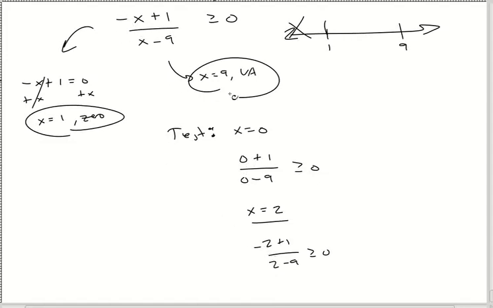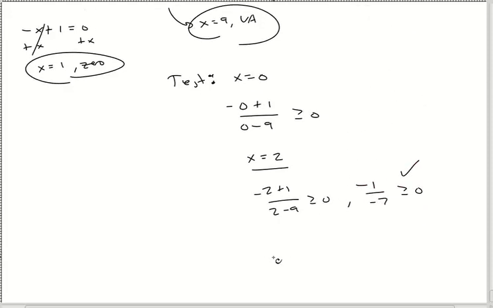Negative x. I almost messed up. That's technically a negative 0 right there, right? Okay. Whew. Now it makes more sense. I'm looking at my notes like something's wrong here. So I got negative 1 over negative 7. Notice that the two negatives are going to cancel, make a positive. So yes, that's good. What's a number that's easy that's past 9? Well, I don't know. What about 10?